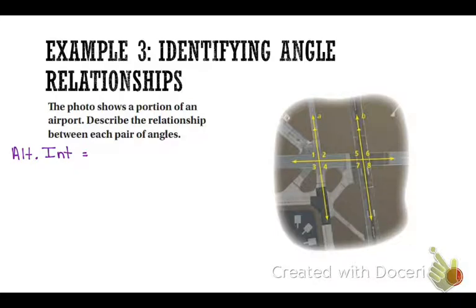Anybody think they could possibly give me one pair? Alexa? Angle 7 and angle 2. Okay, 7 and 2. Do you see how 7 and 2, they cross that transversal, but they're both interior? So angle 7 and angle 2. That's one pair.